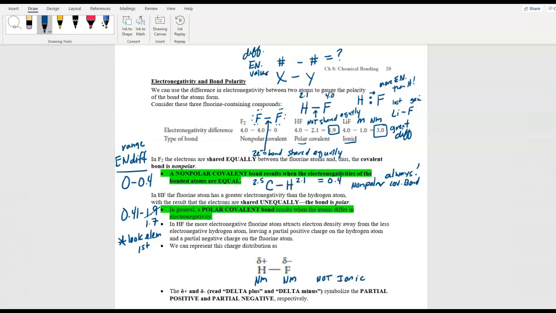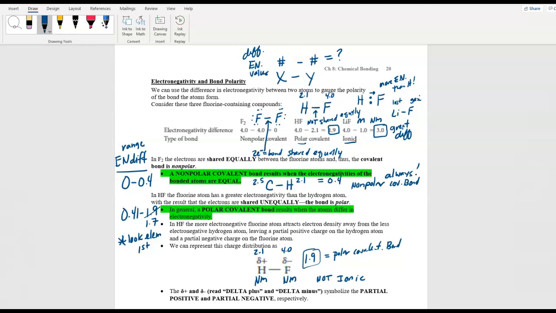Does it have ionic characteristics? Yes, it does, because the difference is so big, but it's a nonmetal to nonmetal. So because when you subtracted this, as you saw, you got 1.9 in the difference, so 2.1 to 4.0, that difference right there means it's a polar covalent bond.